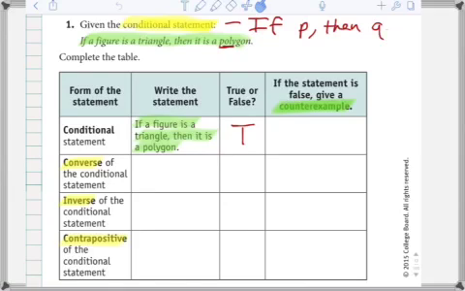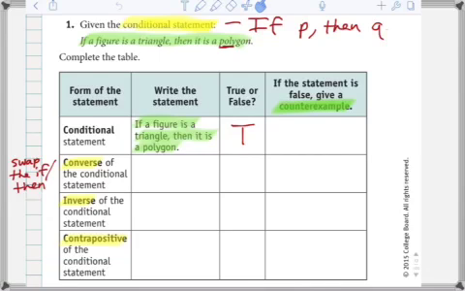The conditional statement leads us into some other statements. First, the converse. The idea of the converse is simply that we take our if-then statement and swap the if part and the then part. In other words, the if part becomes the then part and the then part becomes the if part.